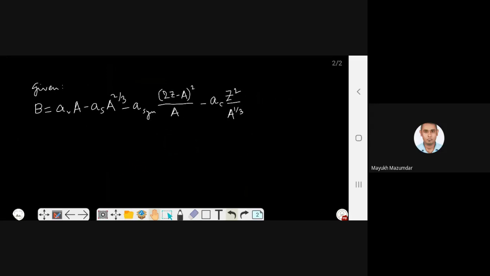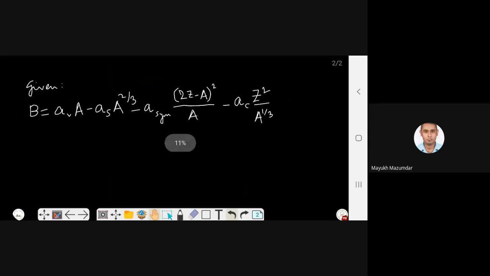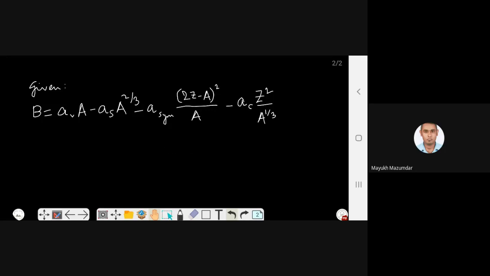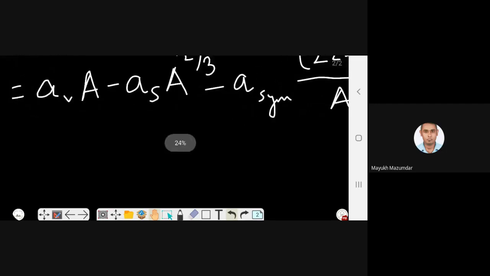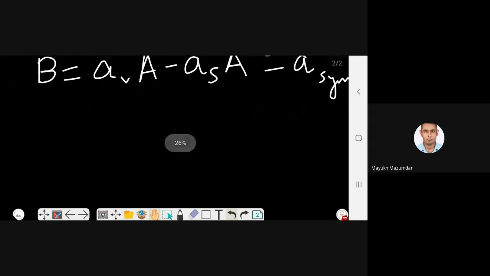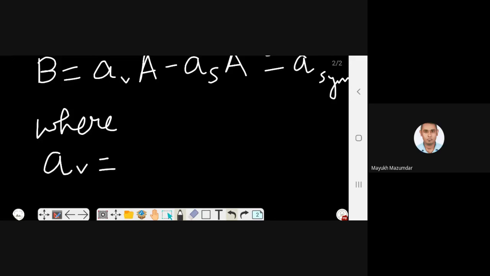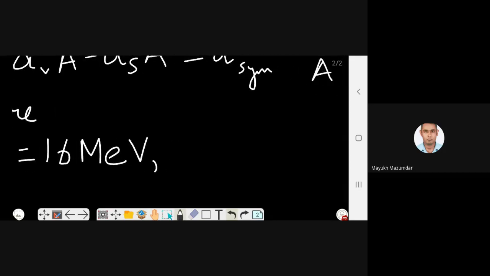I think it's visible now, Ayush. Can you copy? Yes, sir. Okay, so this is what is given. Let me write the question fully, then you can copy. Where A_V is 16 MeV, A_S is also 16 MeV.